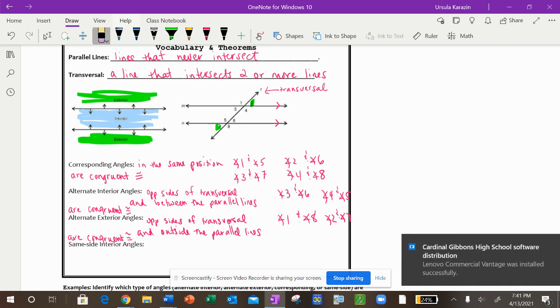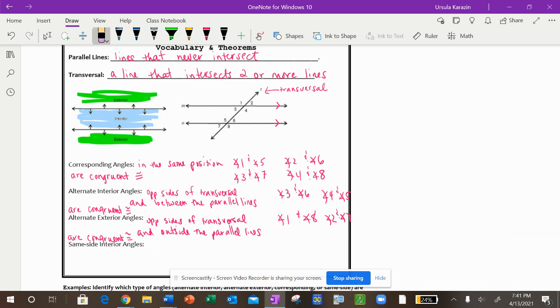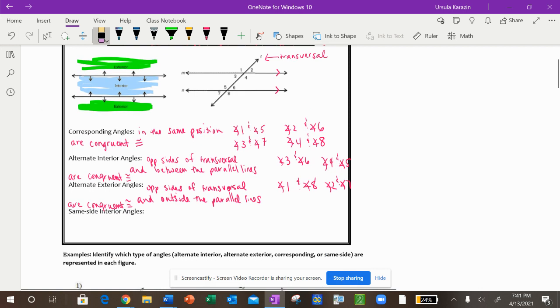The last pair of special angles are same side interior. So they're on the same side of the transversal. That's the same side part.